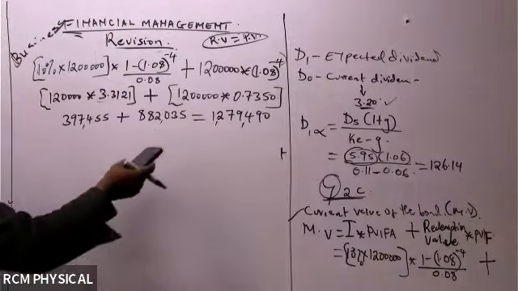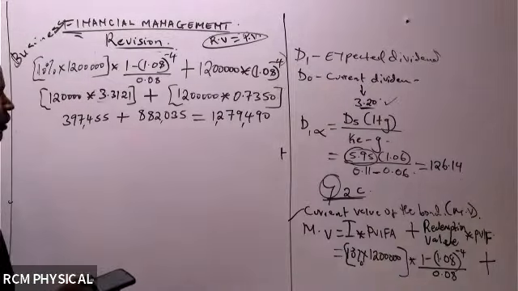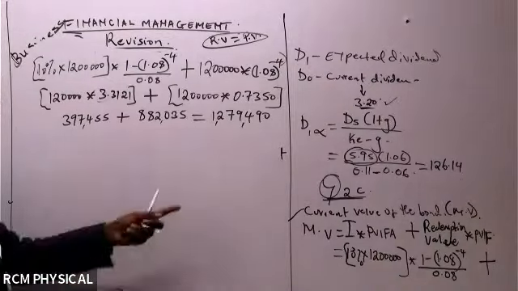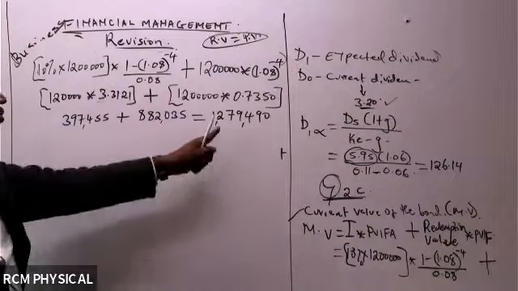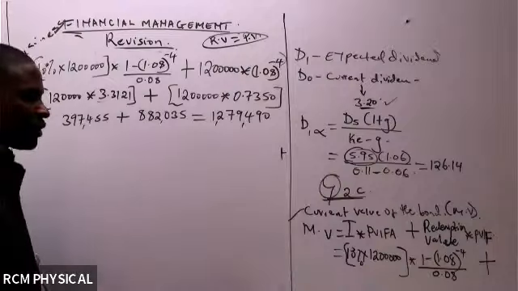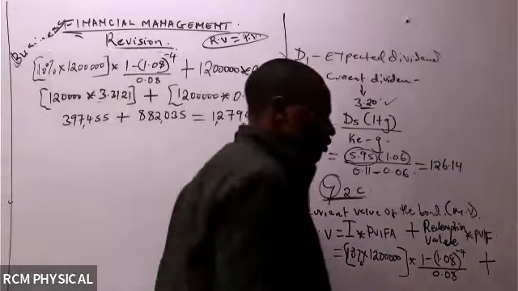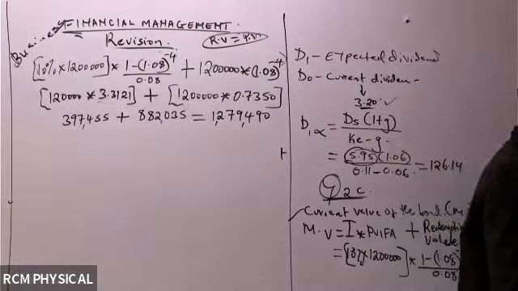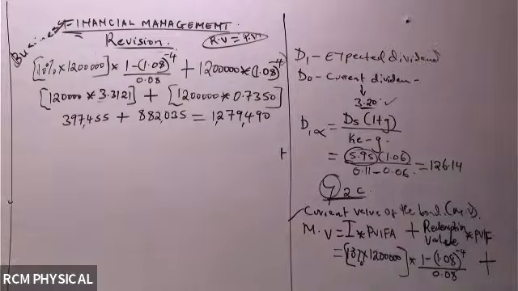When you compare with the par value, it's above the par value of 79,190. So what do you do? The value is higher.